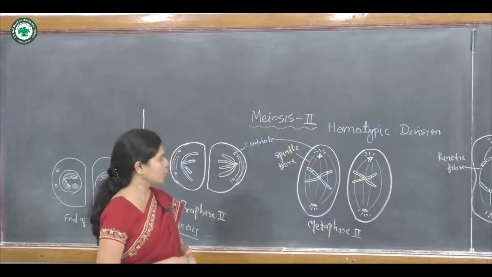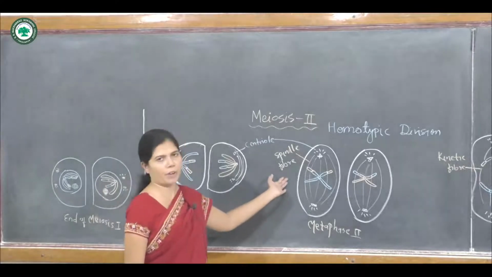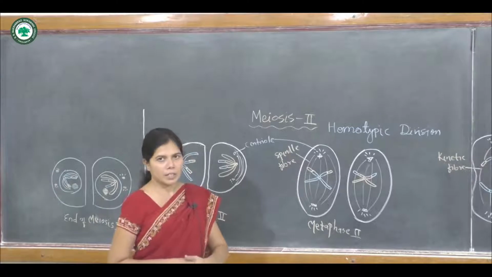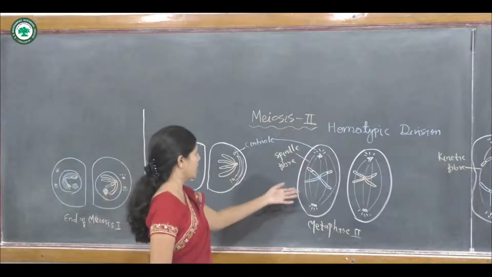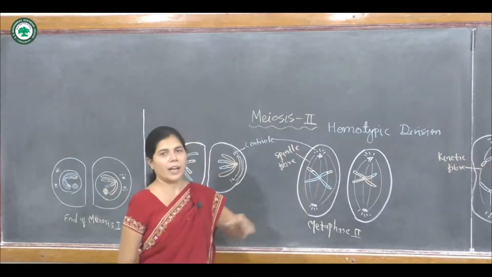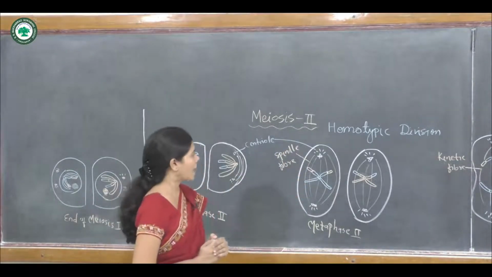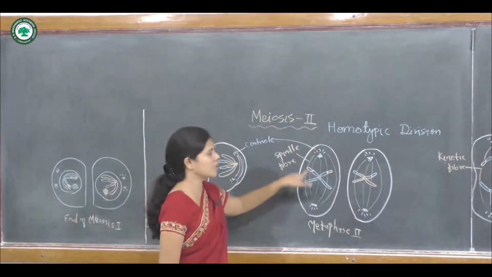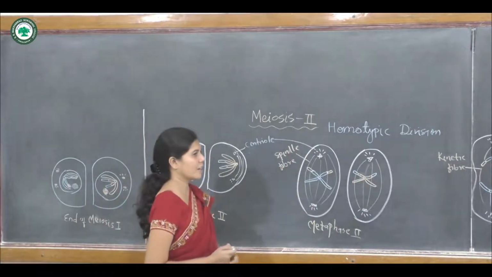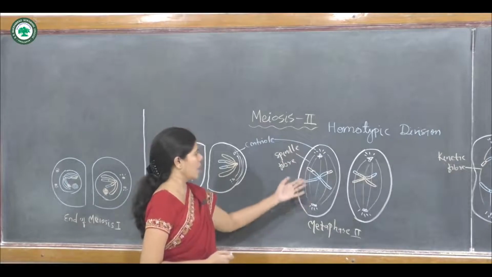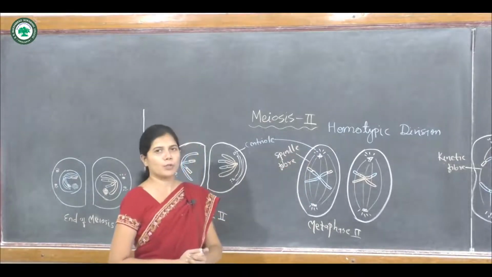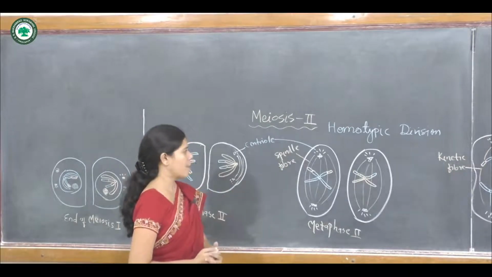In metaphase II, the spindle fiber, or kinetic fiber, is formed. The two centrioles are completely away from each other and arranged at the pole regions, and between them the spindle fiber forms.